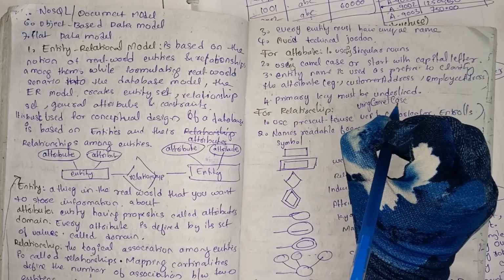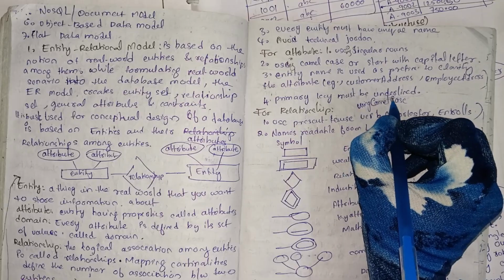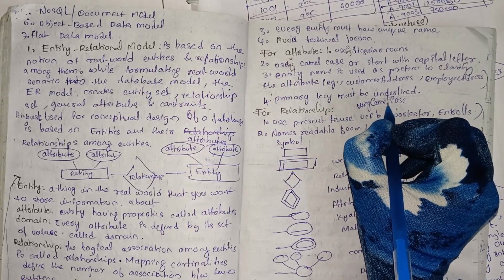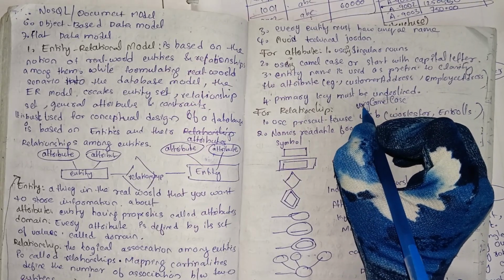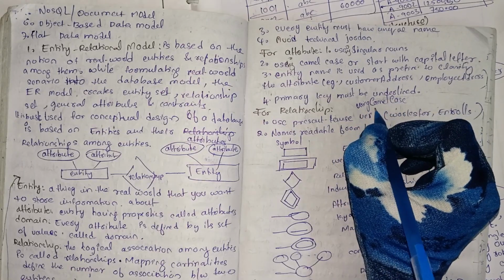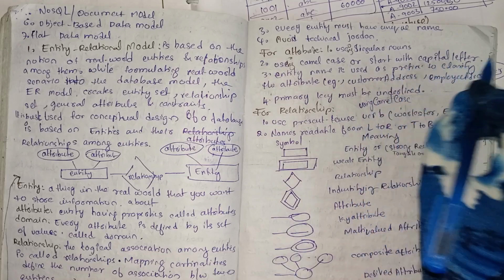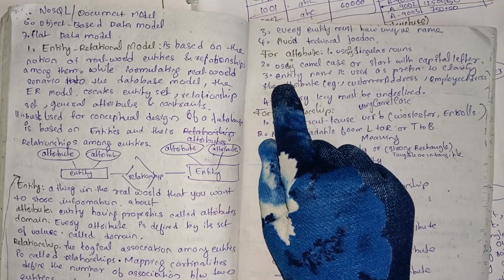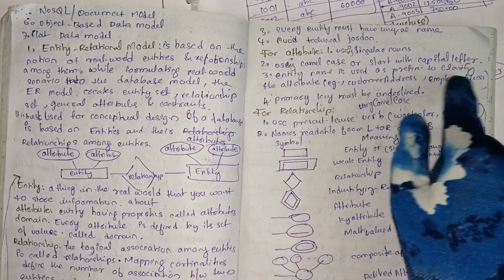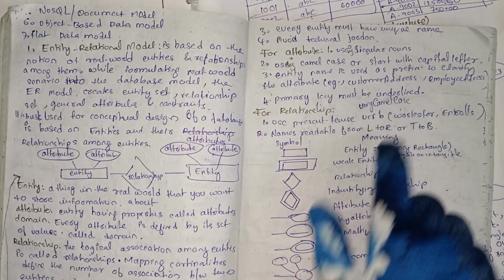Here u is a small letter and C is a capital letter. Except for the starting word, the remaining words start with capital letters. That is called camel case, or start with a capital letter. And the entity name is used as a prefix to clarify the attribute, like customer address or employee address.